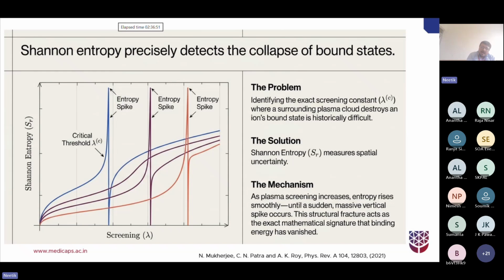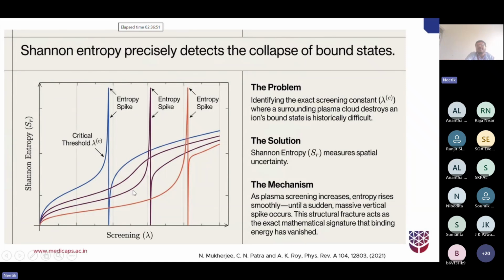Now our objective was to check whether there is any other possibility by which we can study the collapse of such bound states in a plasma system. And we found that Shannon entropy at that point of collapse jumps infinitely. If we see these plots, we can clearly see a significant jump of entropy.